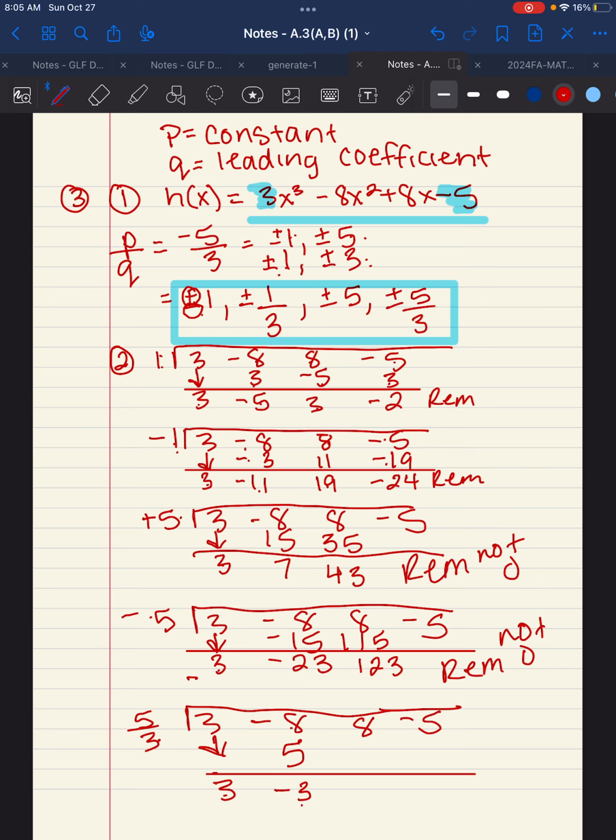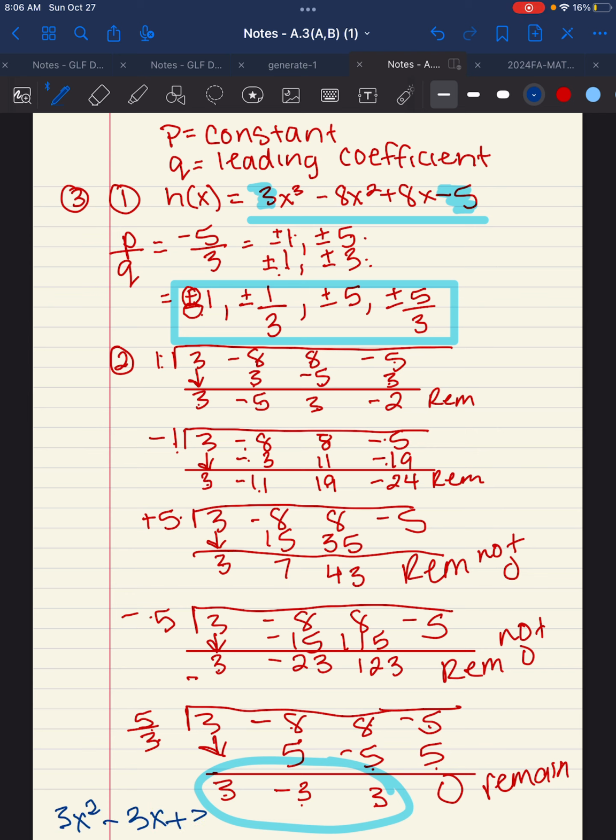Negative 3 times 5/3 is negative 5. 8 minus 5 is 3. 3 times 5/3 is 5. Negative 5 plus 5 is 0. Finally. So I can rewrite this part right here as my quadratic form. So this is going to give me 3x squared minus 3x plus 3.